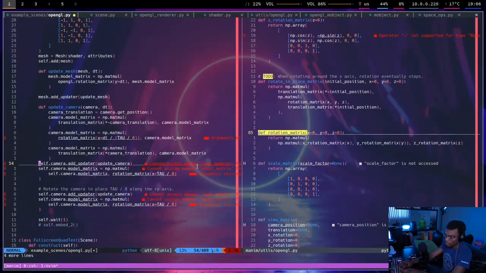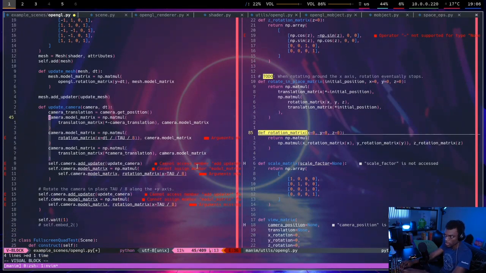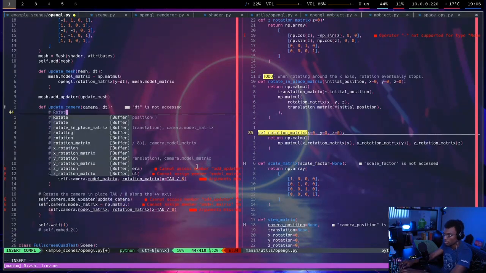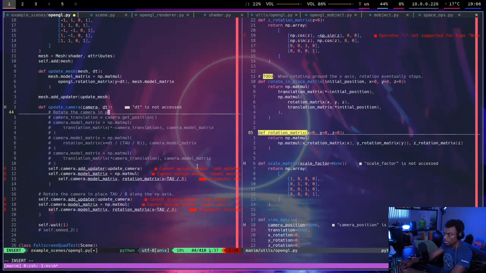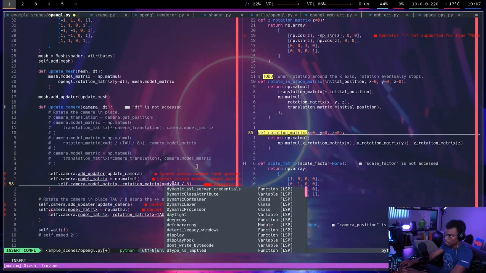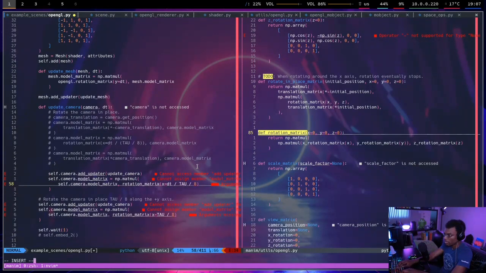We're getting into some deep math here. Hold your horses. This, I'm gonna comment, rotate the camera in place. That's not what I'm doing. I'm gonna rotate this by dt divided by this.